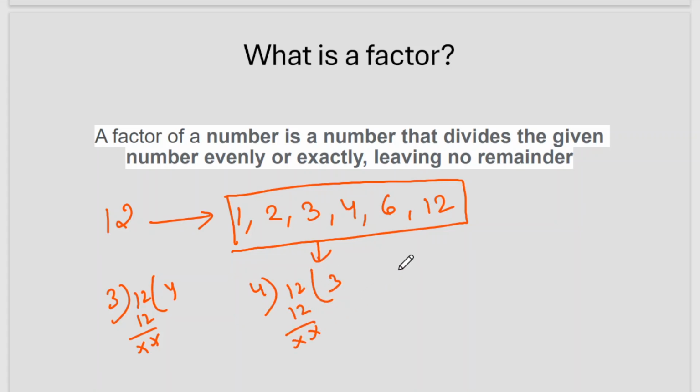If you divide it by 6, you will not get any remainder. That means factors are those numbers that divide the given number exactly without leaving a remainder. Simple?